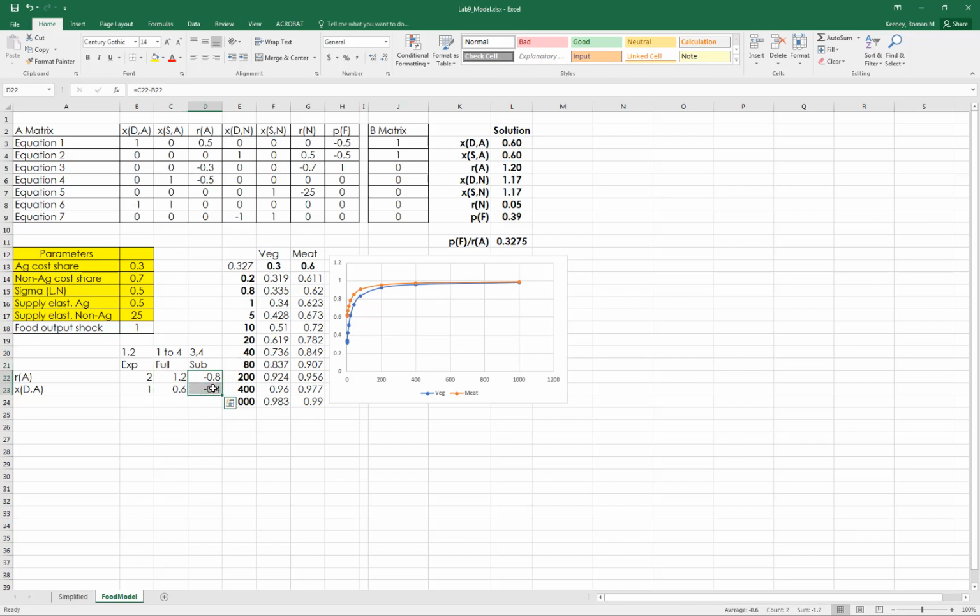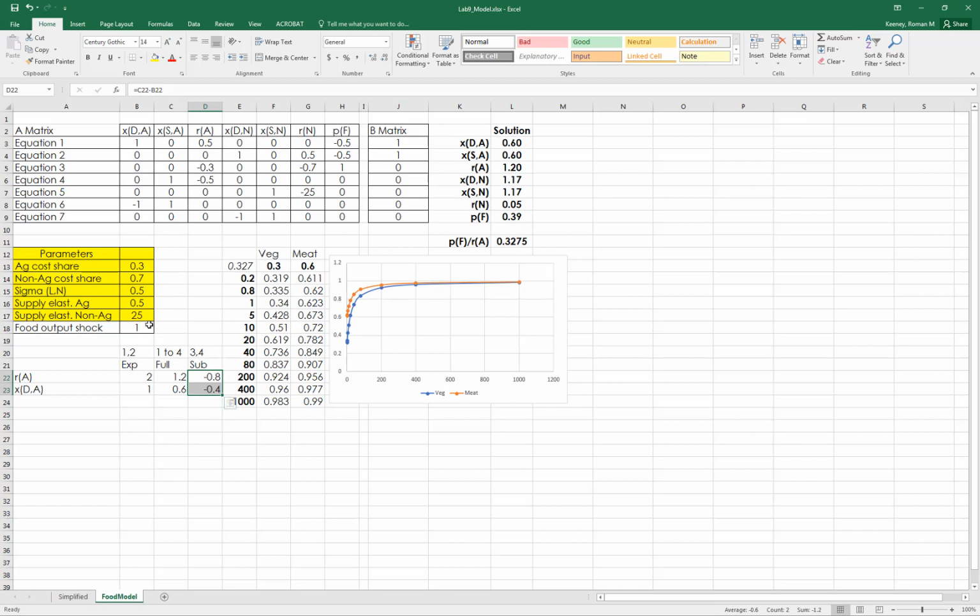Of the final price effect, substitution reduced this by negative 0.8, or you can think about that as 40%. Is that right? Yeah, 40% of these effects are reversed due to substitution. And that's with a fairly low substitution elasticity. You can reverse those more and more, and that's where we'll go next.